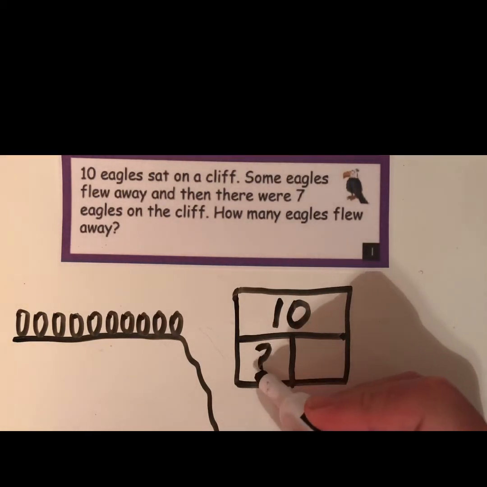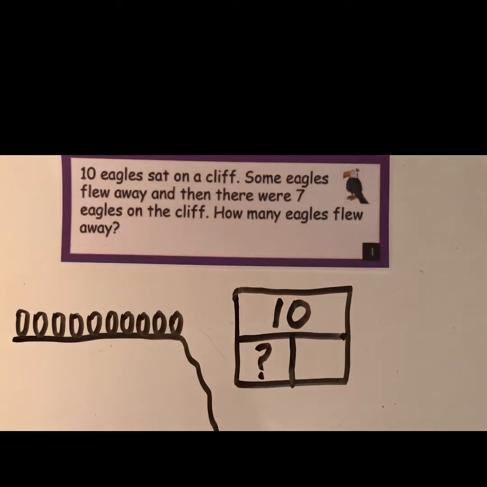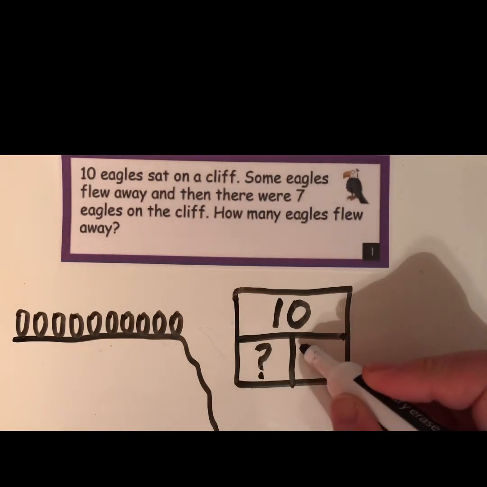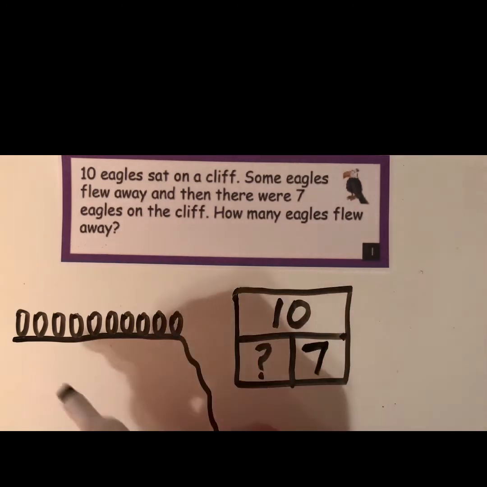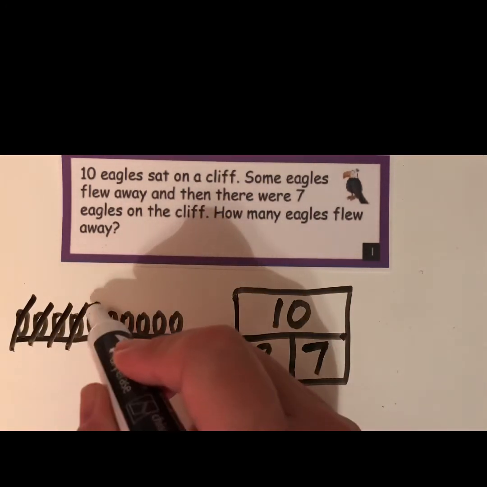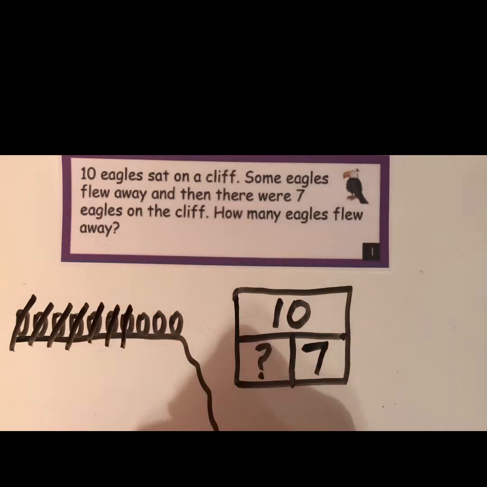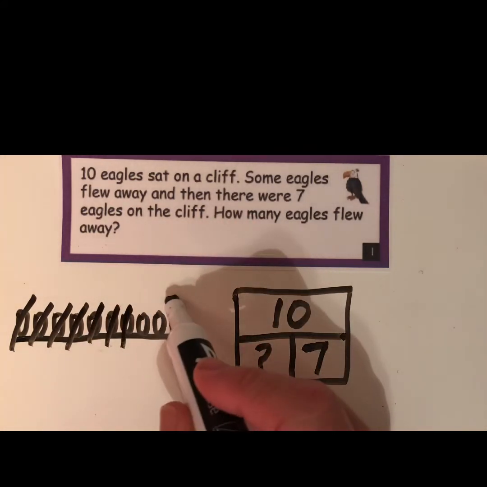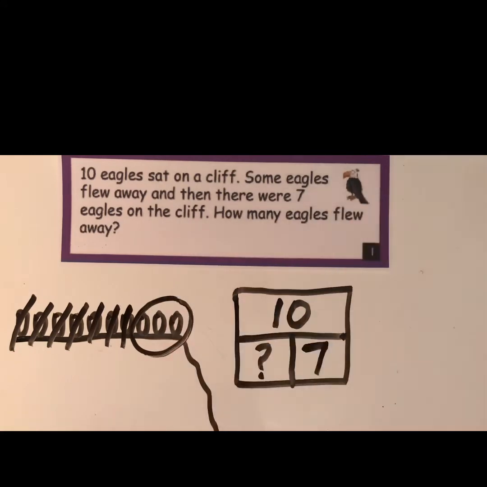Some flew away, and now the other part that's left are 7. 1, 2, 3, 4, 5, 6, 7 are left. So this part is the part that flew away.